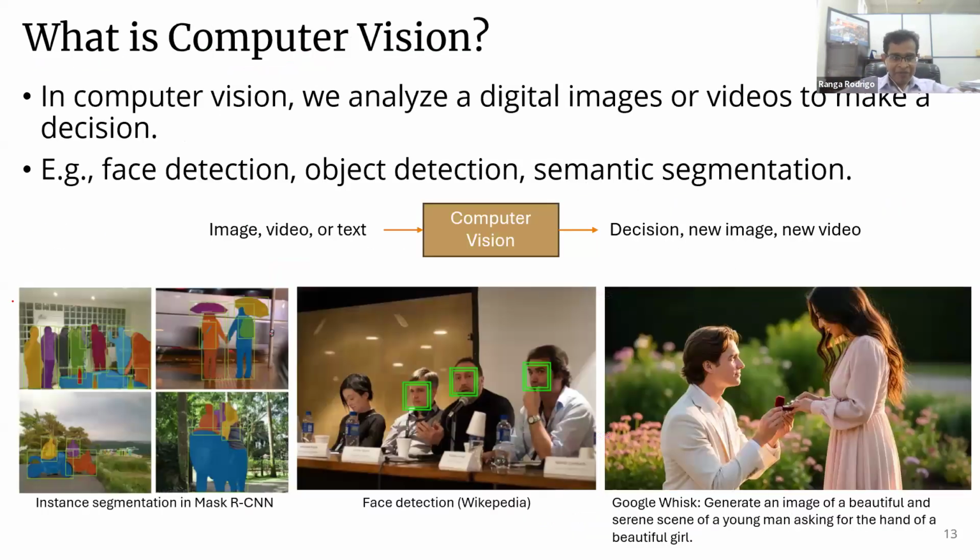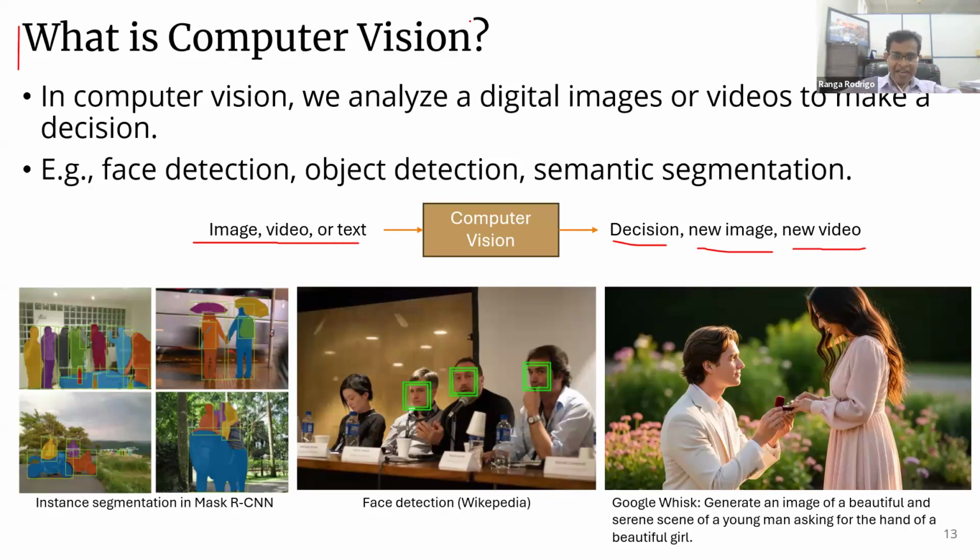But if you think about computer vision, which is the main topic of this course, you give it an image, video, text. Output is a decision, a new image or new video, because this comprises a decision. It is not actually a modified image. It comprises the decision in it.